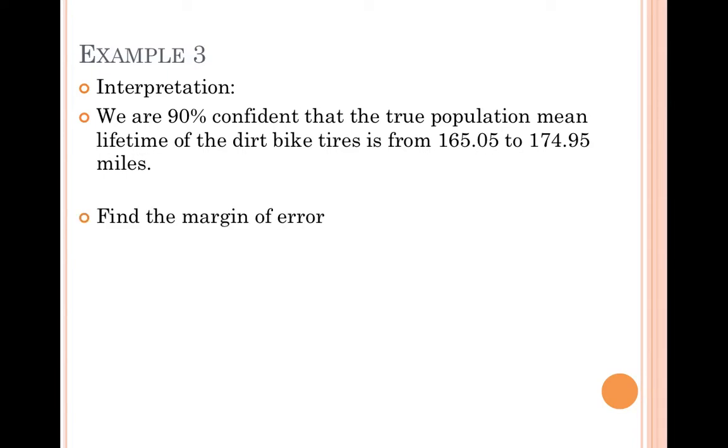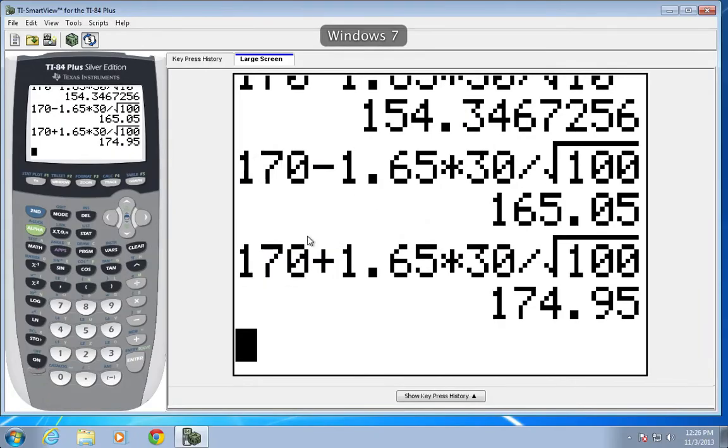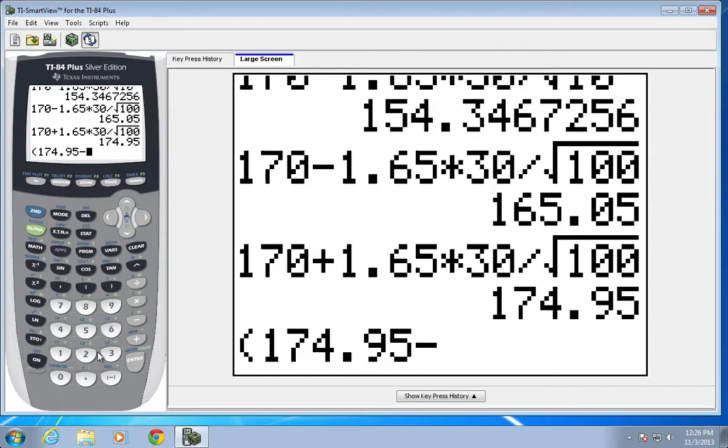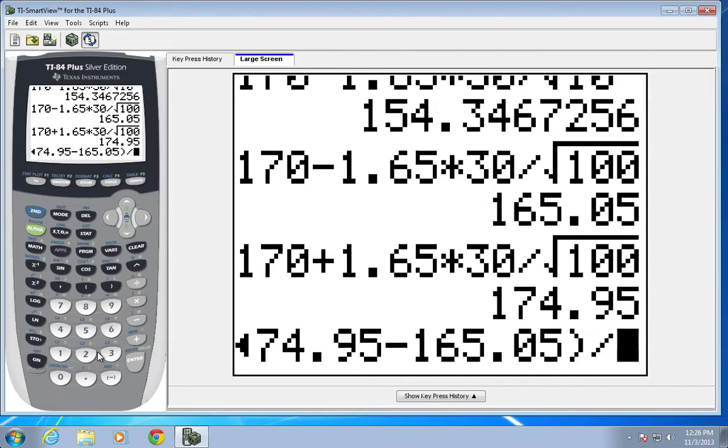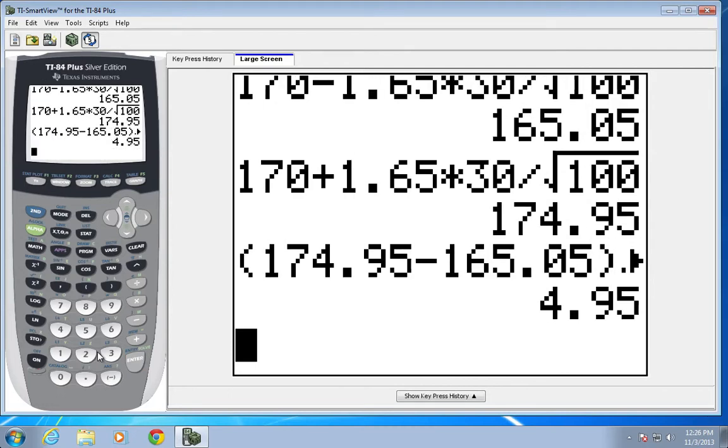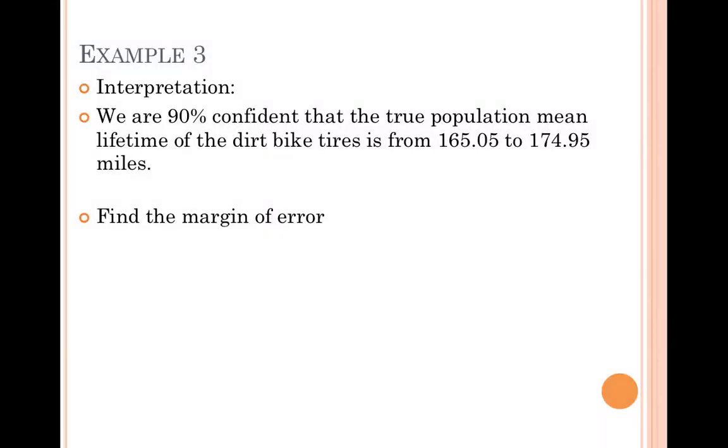Now the margin of error, we're going to use that same formula as before. We're going to take the upper limit, 174.95, subtract the lower limit, 165.05, and divide by 2. That gives us a margin of error of 4.95 miles.